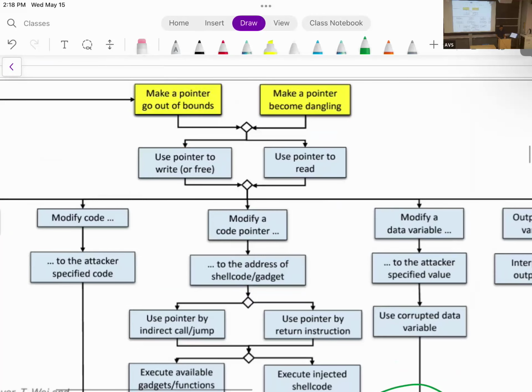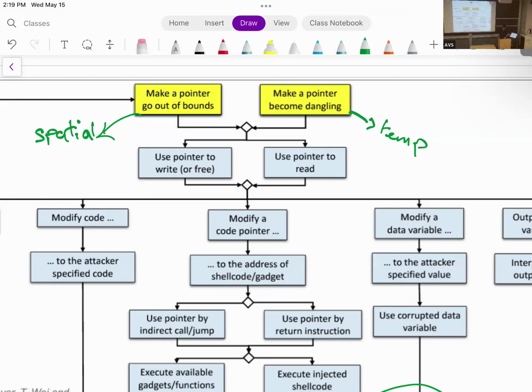So remember, I told you that the attacker could do either out of bound, which is what we usually call spatial, or do dangling, making use of a pointer that is supposed to not be used anymore, and this is a temporal problem. Using either of those 2 or both of them, the attacker gets 2 capabilities.